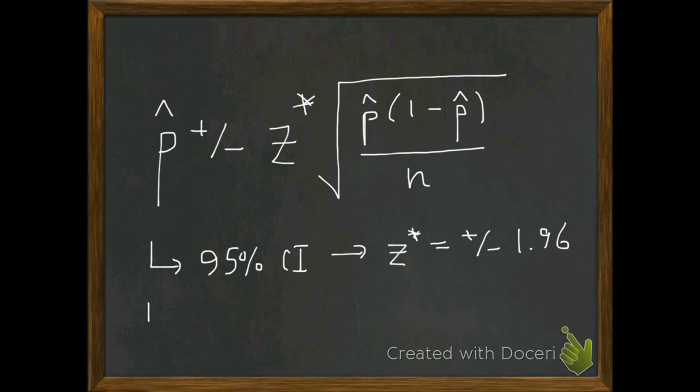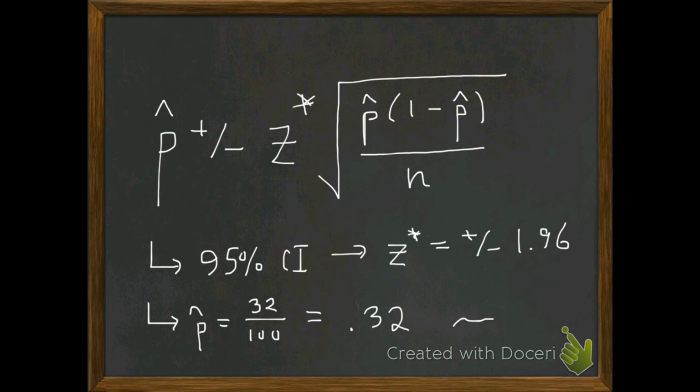Going back to the previous example where I said if we took a sample of 100 people and they told us that 32 out of the 100 said that they update their Facebook status daily, then our p hat would be 0.32.